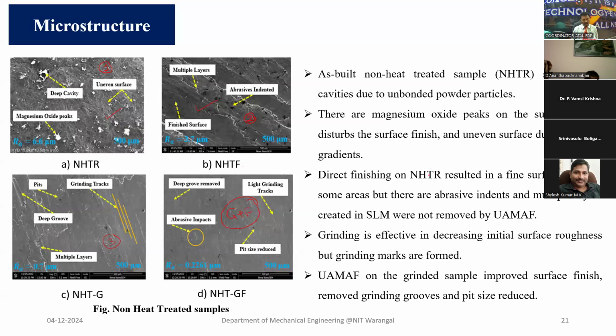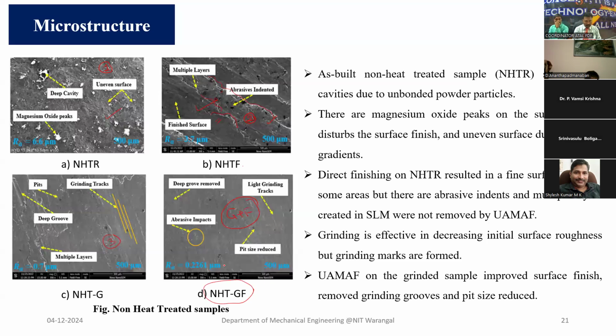The direct finishing on the second component gives a fine surface finish in some areas, but there are abrasive indentations. So this area may be fine, but here or here there are differences, which is not required for us, an unwanted thing. So if you initially grind and then finish, we get better quality.